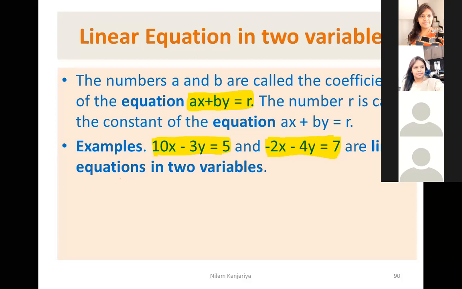So always remember such a linear equation of two variables has this format: ax plus by is equal to r, where a, b and r are from the real numbers.